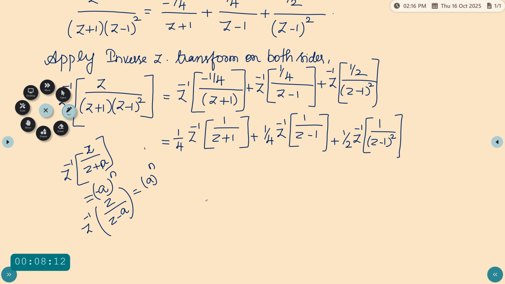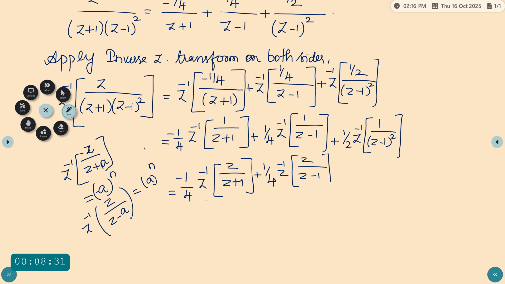We are going to use this formula here also. Now we are multiplying Z inside. In the question you are having Z, so Z divided by Z plus 1, plus 1 by 4 into Z inverse of, numerator value is Z, so I am going to multiply Z here, 1 by 2 Z inverse of Z divided by Z minus 1 the whole square. So we are substituting this formula.